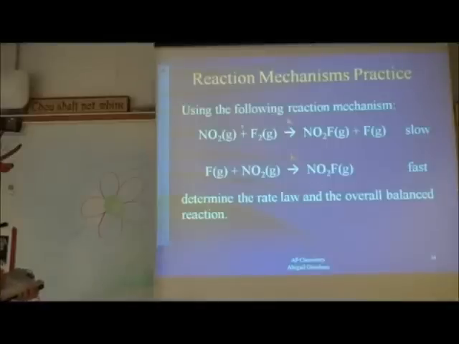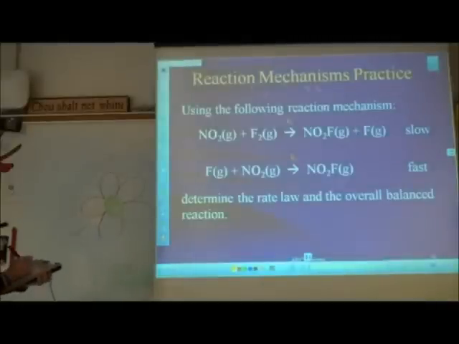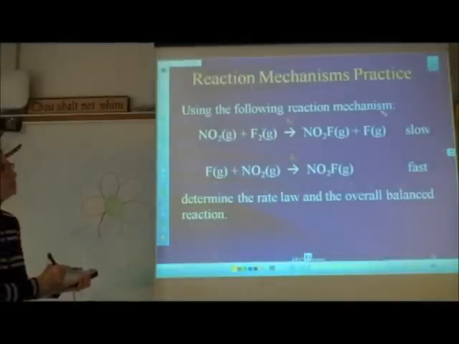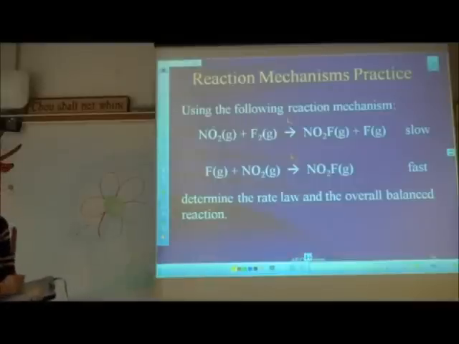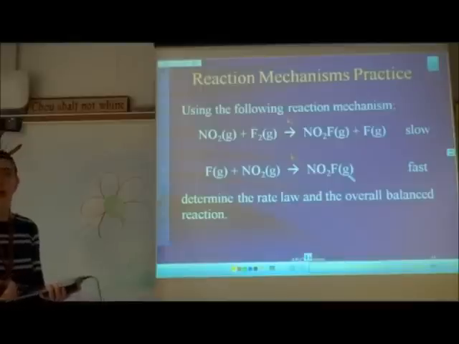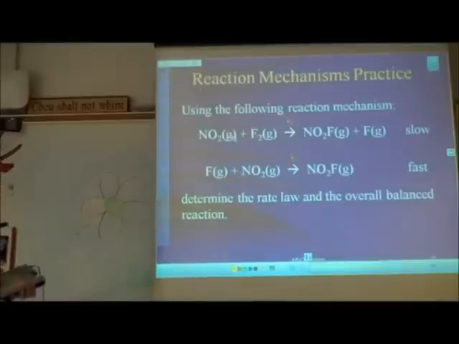Let's just review for a second before we talk about this new topic. Here's a reaction mechanism. Tell me one more time, what do you call these individual pieces of the mechanism? An elementary step. In this mechanism, do you see an intermediate?